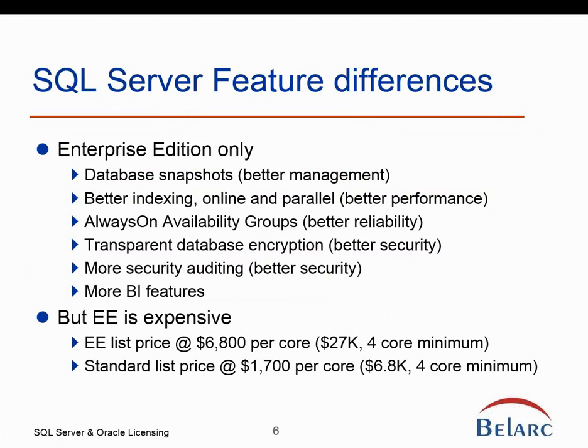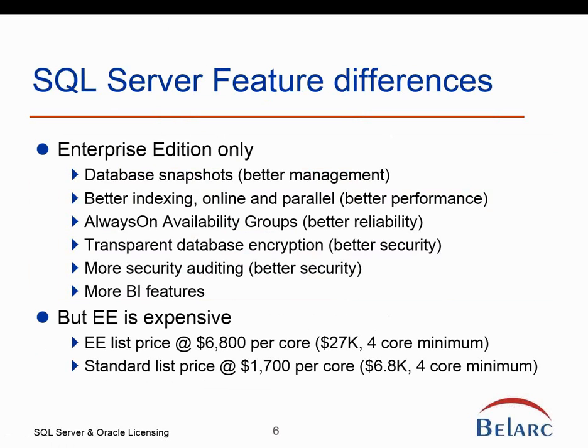The AlwaysOn capability is the ability to fail over groups of databases, not just single databases, for reliability. And then, of course, the transparent database encryption is a definite feature that last year I'm sure the Target and JP Morgan Chase CIOs wished they had enabled. And then the security auditing and BI features.